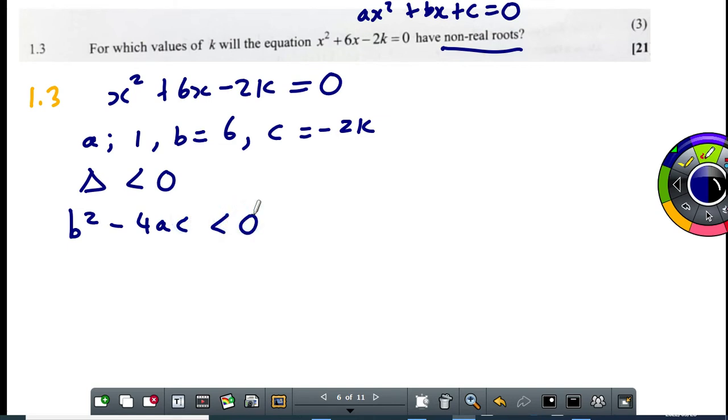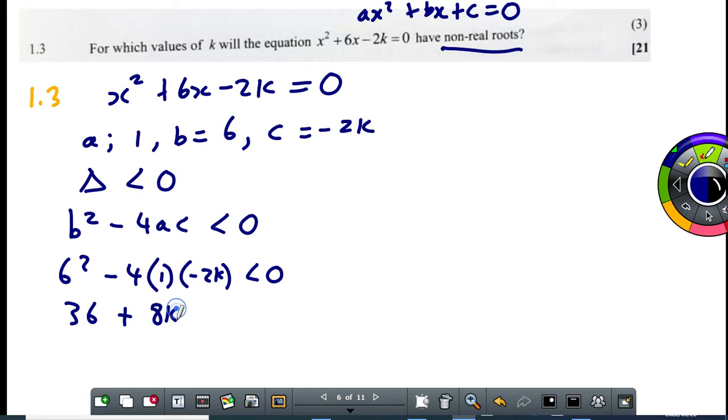Then you substitute here, get 6 squared minus 4, a is 1, and c is minus 2k. So you get 36 plus 8k. So this is how easy it is. Then we take the 36 to the right, so you get 8k is less than minus 36.